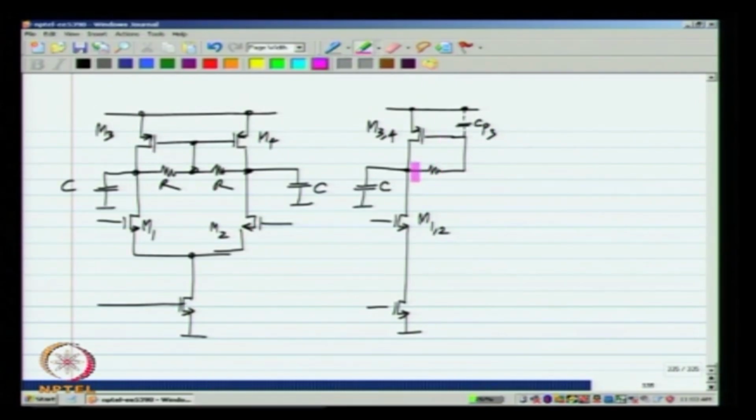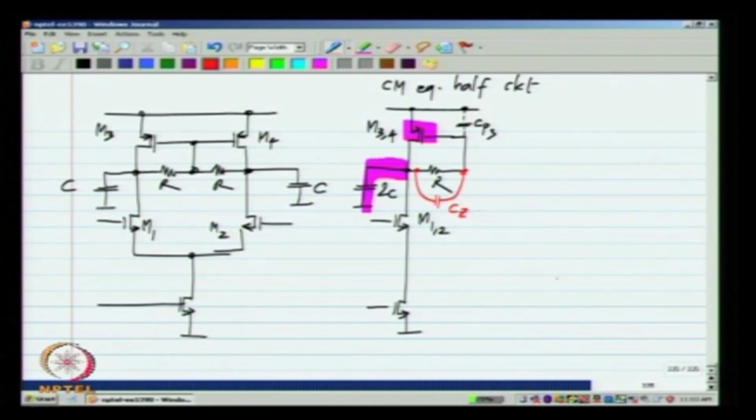Now, in this feedback loop, the combination of M3, 4 and these capacitors, sorry, this should be 2C in the common mode half circuit, common mode equivalent circuit. So, this transistor and these capacitors behave like an integrator, and this resistance in combination with CP3 will be a parasitic delay, which can be reduced by adding a capacitor Cz.